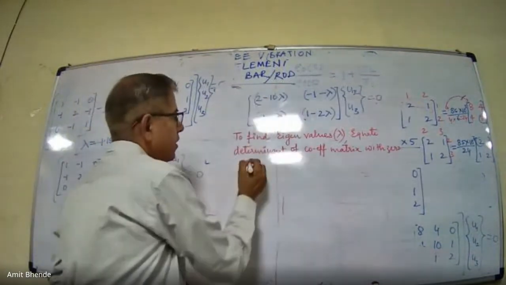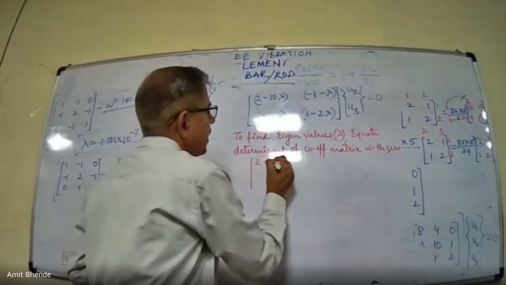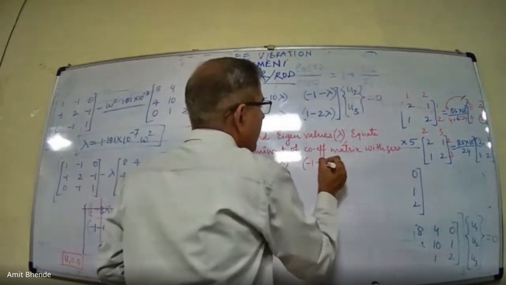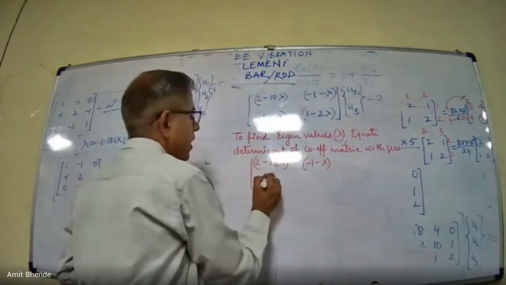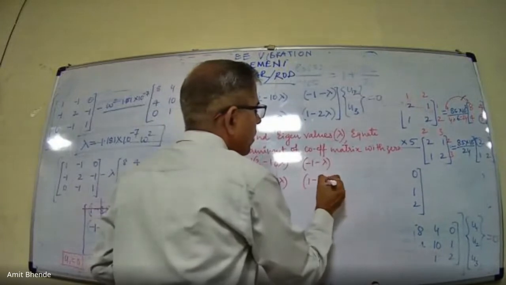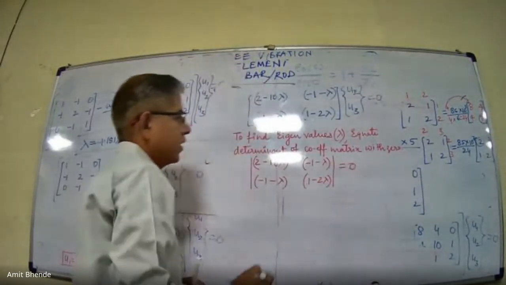So if you take the determinant, that is 2 minus 10 lambda, minus 1 minus lambda, minus 1 minus lambda, and 1 minus 2 lambda, equal to 0.